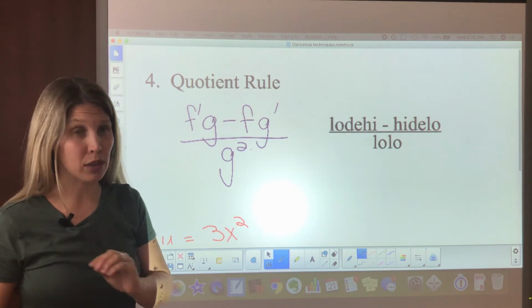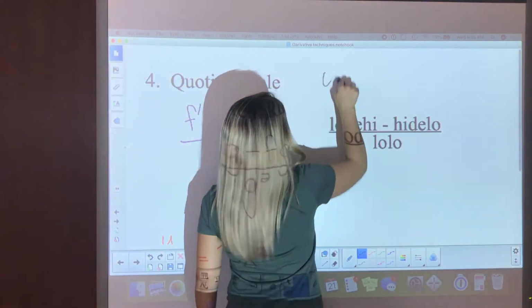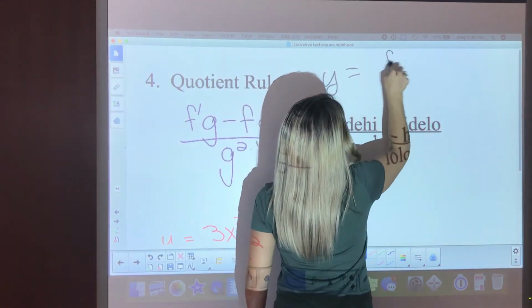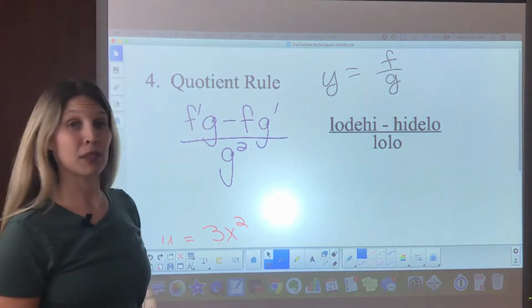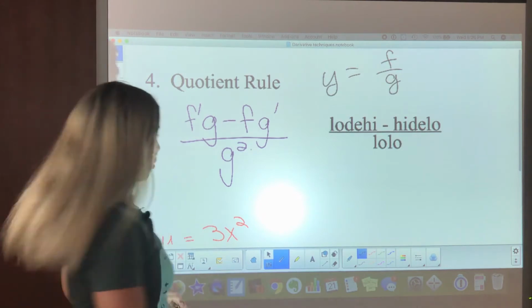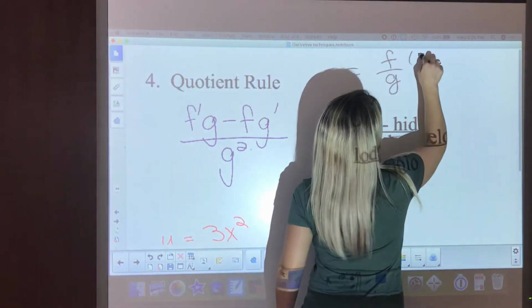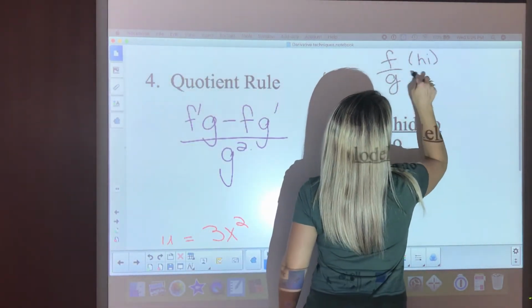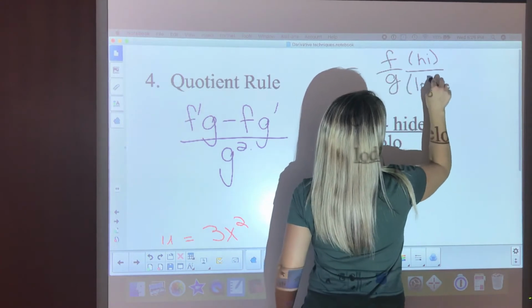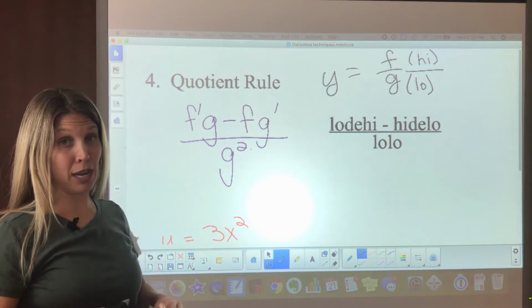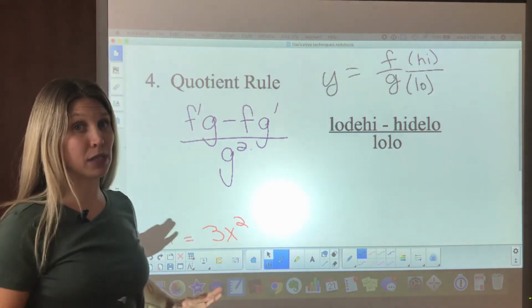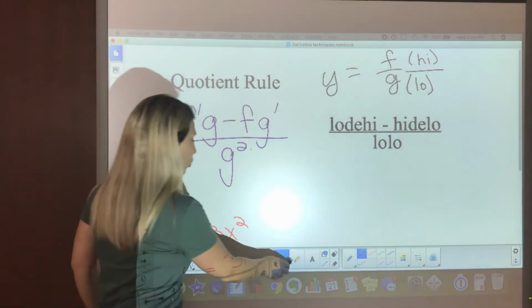And let me show you why this works. When you have a function that is f over g, your f is your numerator. This is your high piece. Your g is your denominator. That is your low piece because it's on the bottom, right? High is on top, low is on bottom. So watch what we do here.